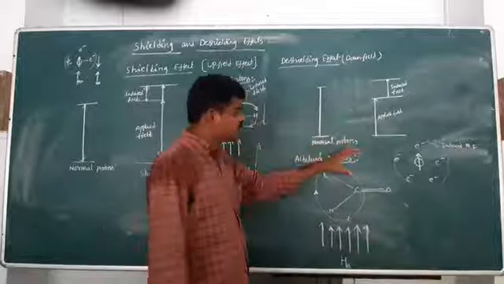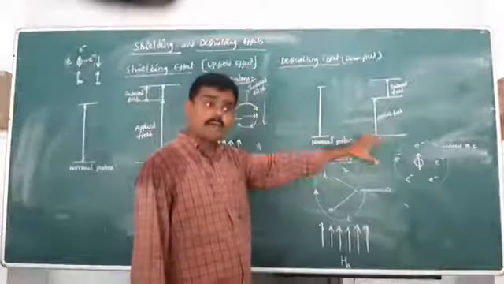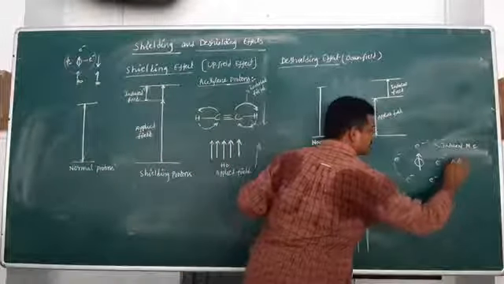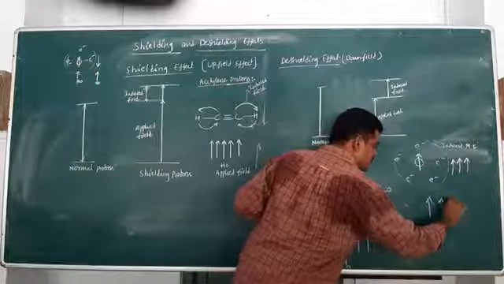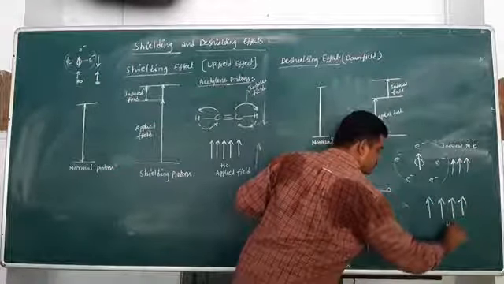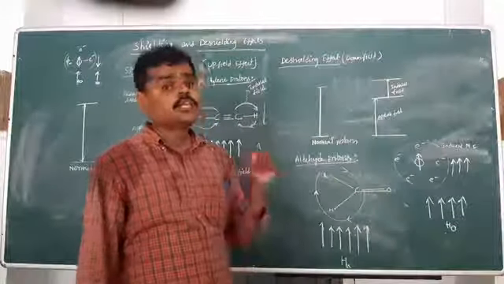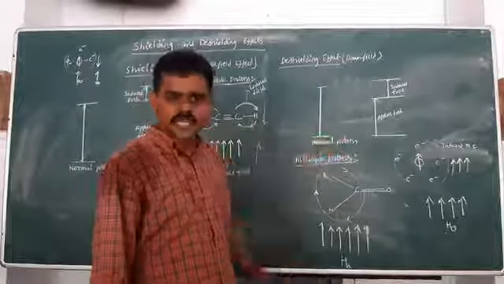Okay, this induced magnetic field is reinforced, that means parallel to the external magnetic field. This is the direction of the induced magnetic field, and this is the direction of the external magnetic field. That means our external magnetic field as well as the induced magnetic field due to electrons have the same direction.